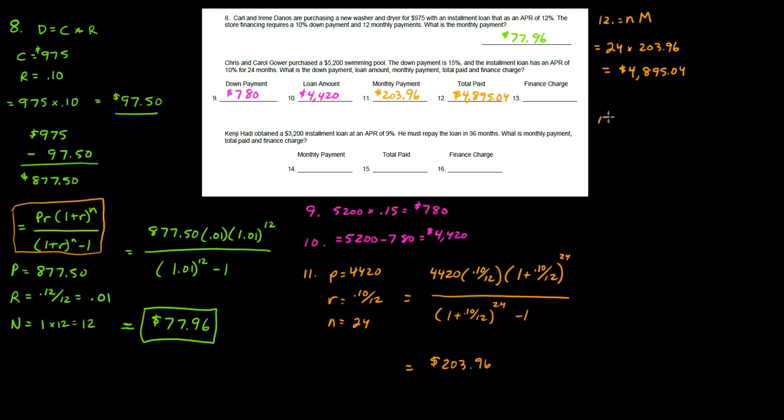So now the question is, how much money did we actually pay in interest? We ended up paying $4,895.04. We subtract from that the amount that we actually borrowed, which was $4,420. If we take what we paid and subtract the amount that we actually borrowed, that will give us the cost of borrowing, or the finance charge.